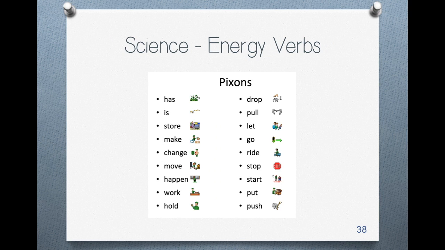This is an example of some of the Pixon representations from Gail's system, and these are specifically verbs that have to do with energy. I love these verbs, think of forces in motion: push and put and hold and stop and go and pull and drop. Those are core words, and yet they really work for those science concepts, and you don't need to have necessarily those specific science words.